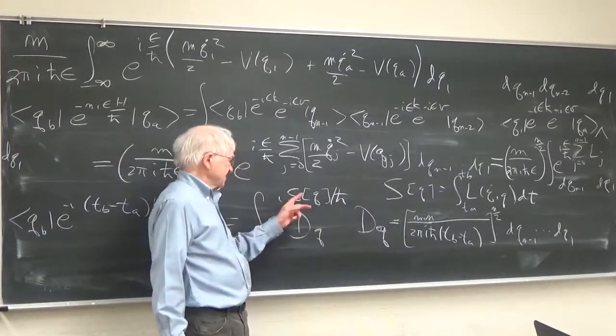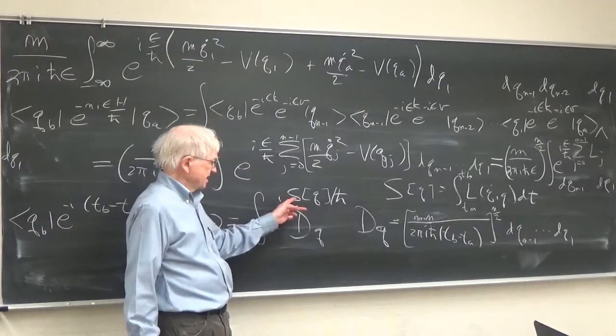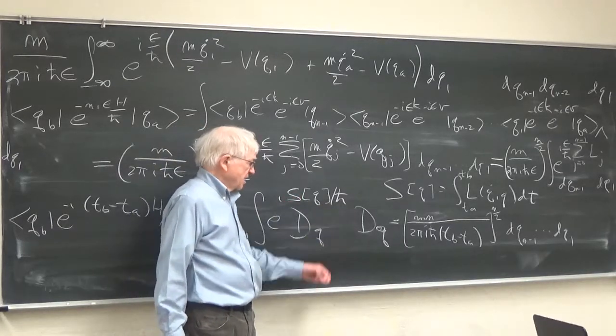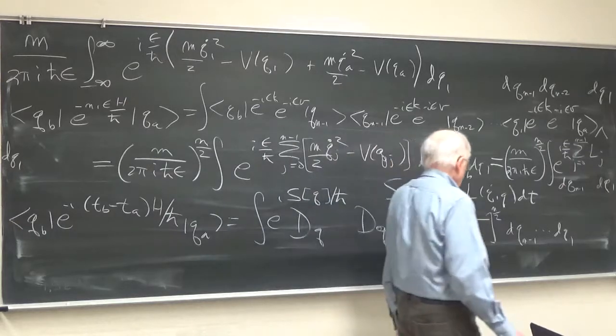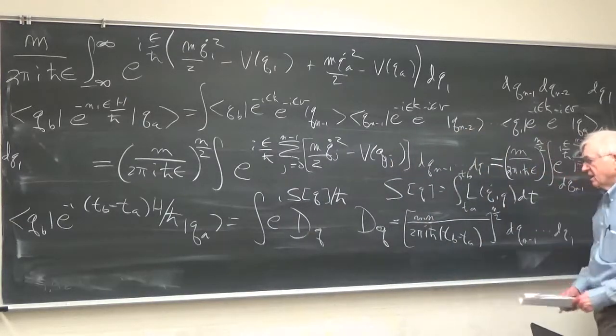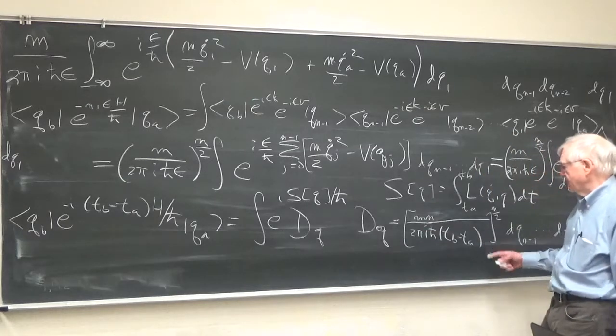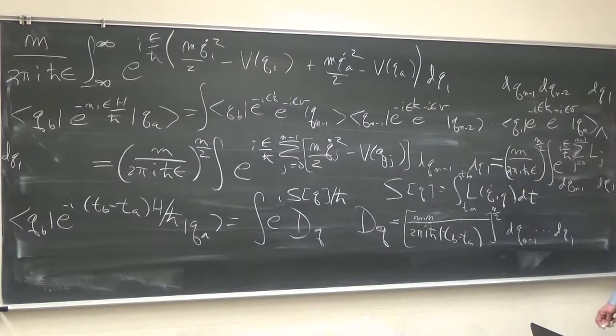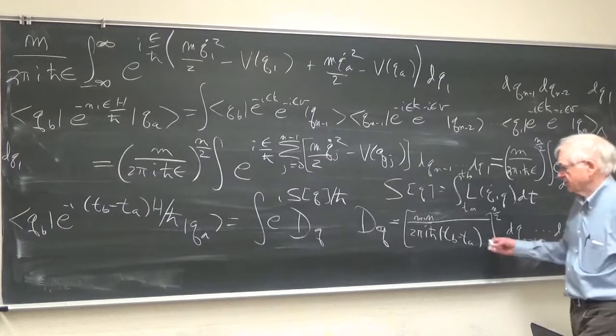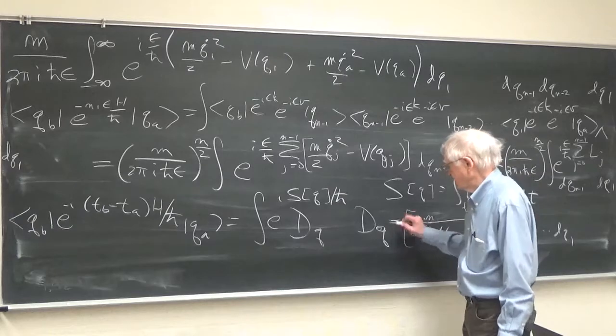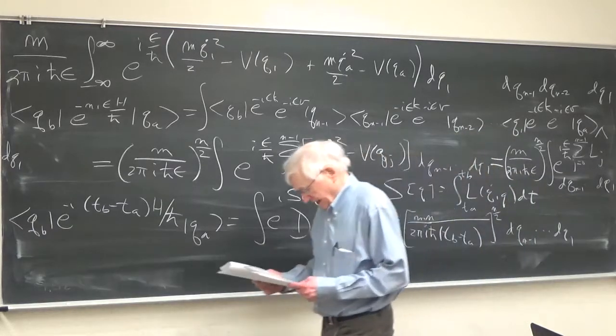The phase of the exponential is the classical action divided by ħ, and then there's this Dq, this factor that popped up from the integral, times an integral over all the intermediate states, and in the limit of n going to infinity, of course, there are infinitely many of them. Okay.